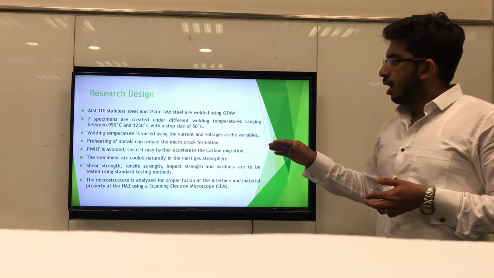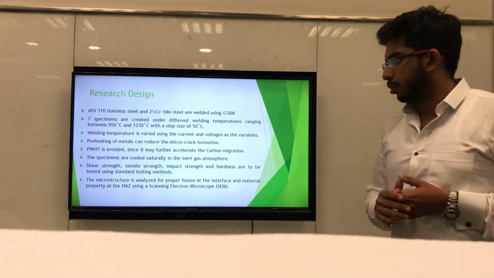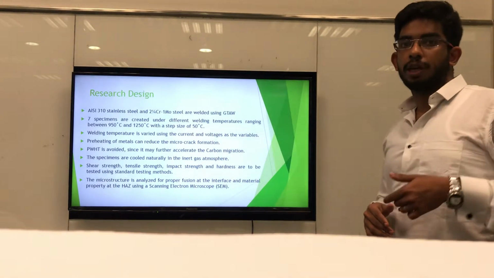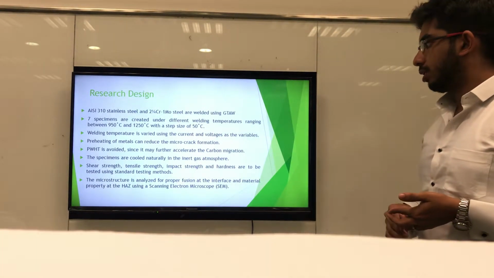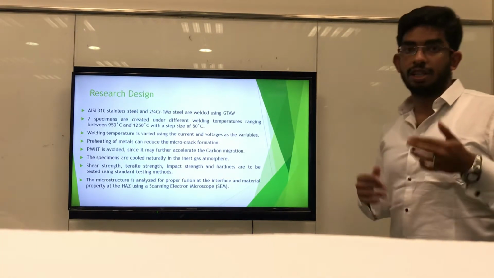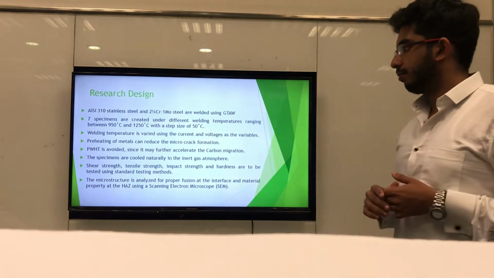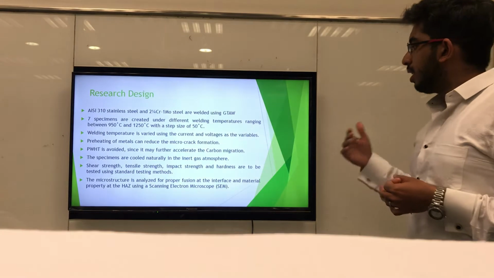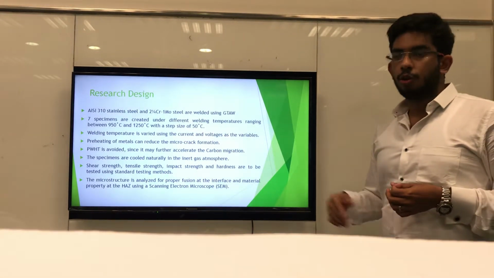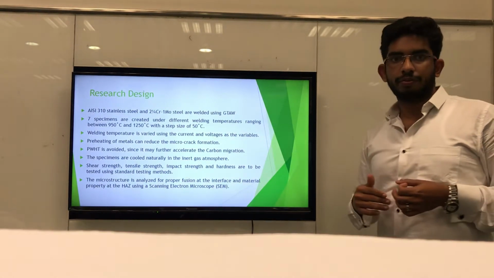I applied preheating because it can reduce the microcracks, whereas post-welding treatment can increase the carbon migration rate, so it is avoided. The specimen is naturally cooled in an inert gas atmosphere so as to prevent further cracking.